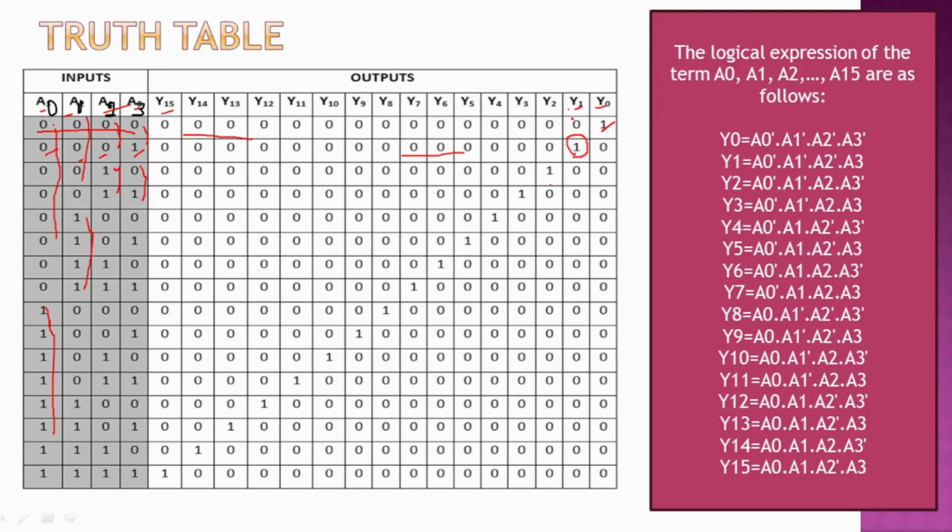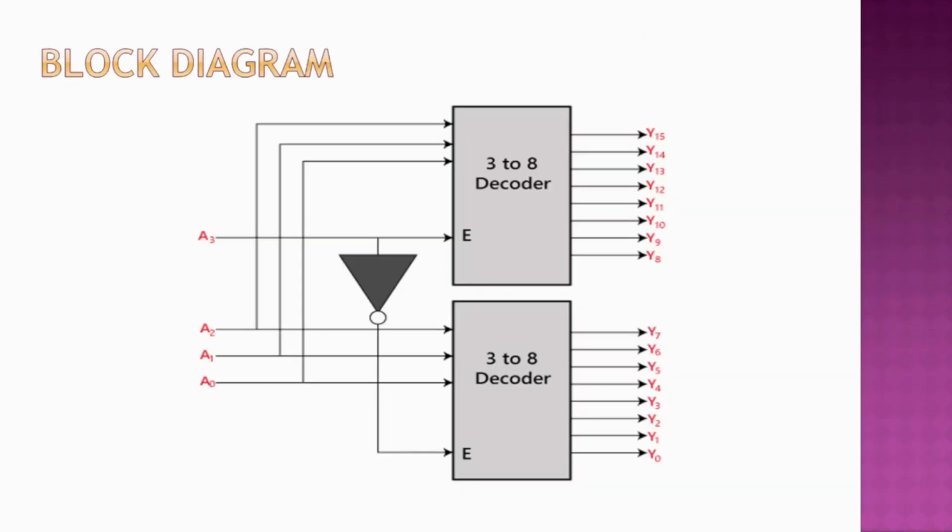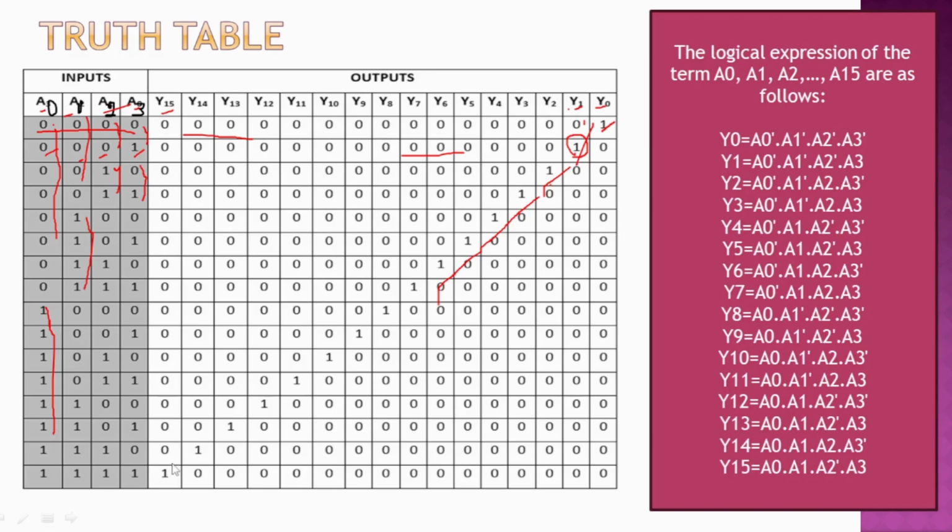So fill this truth table from Y0 as 1 and fill the 1s diagonally from Y0 to Y15, and write the logical expression according to this truth table.